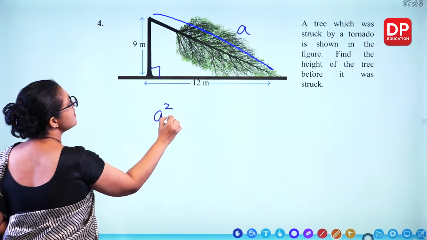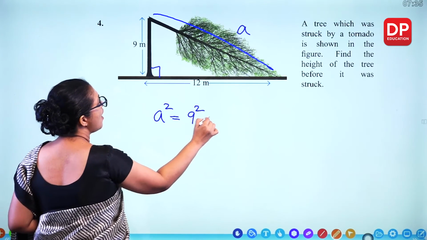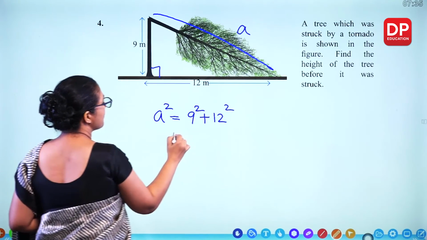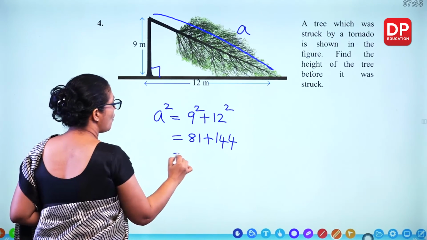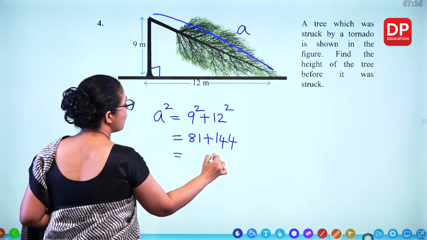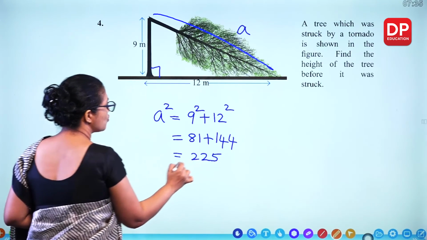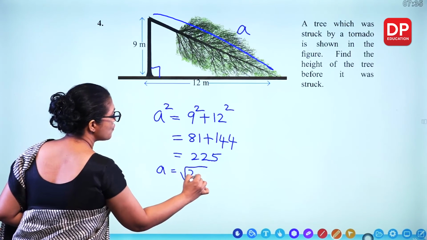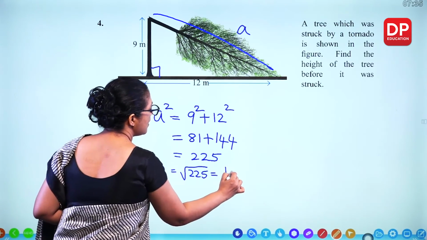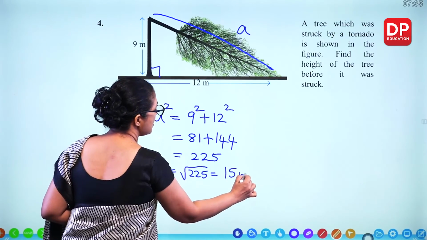A squared is equal to 9 squared plus 12 squared. 81 plus 144, 225, so A equals square root of 225. That's 15 meters.